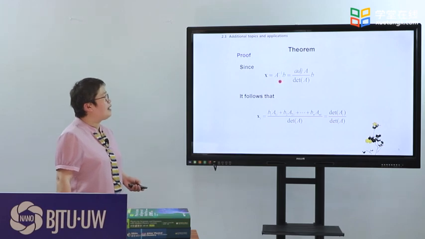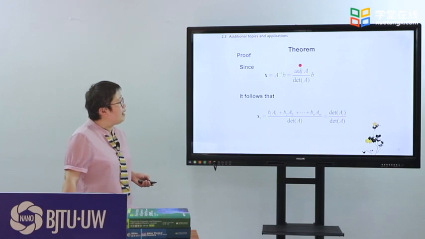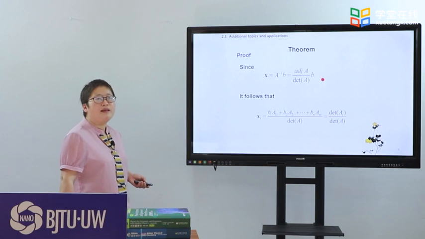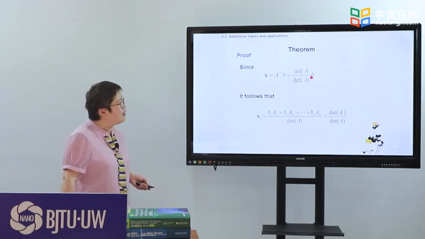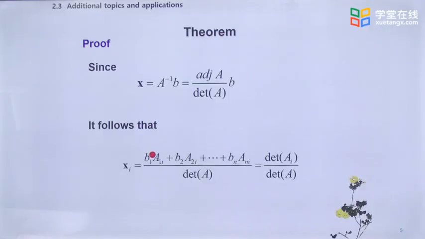Since A is non-singular, X equals A inverse times B, and A inverse equals the adjoint of A divided by its determinant, then times B. Consider the term adjoint of A times B. Its ith entry can be represented as b1 times A_1i plus b2 times A_2i plus up to plus bn times A_ni.